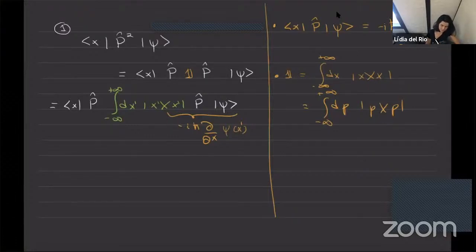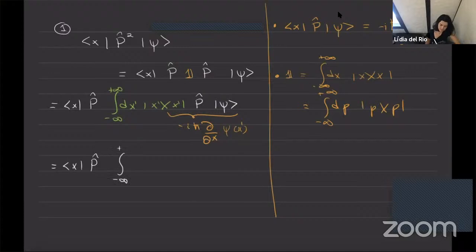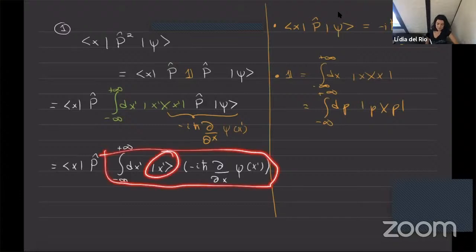So let's write it down here. So we have x p. Now this integral dx prime x prime, and now this thing here. Okay. Now, if you look at it, this is the integral over a basis of the basis vectors times the coefficient. This coefficient is like a wave function.